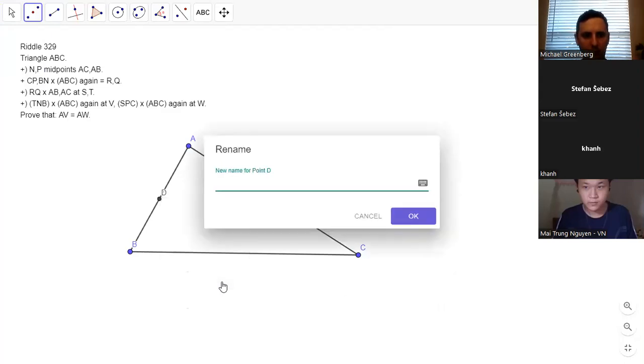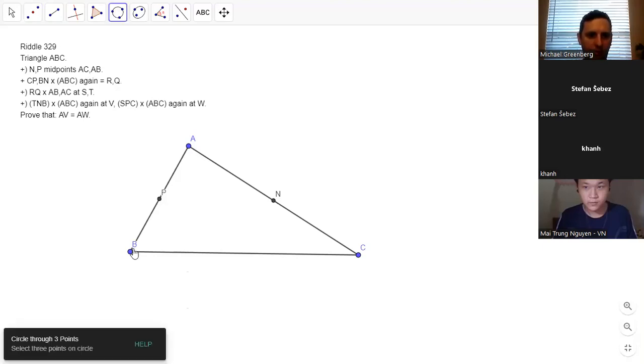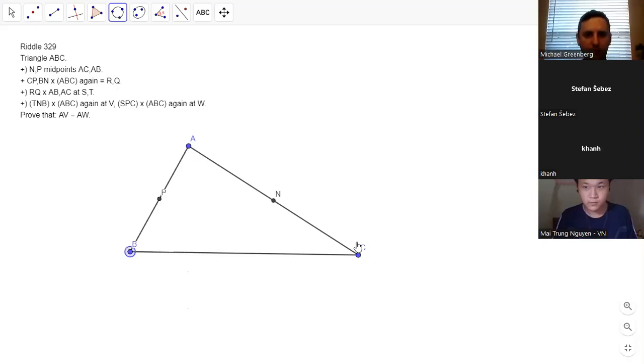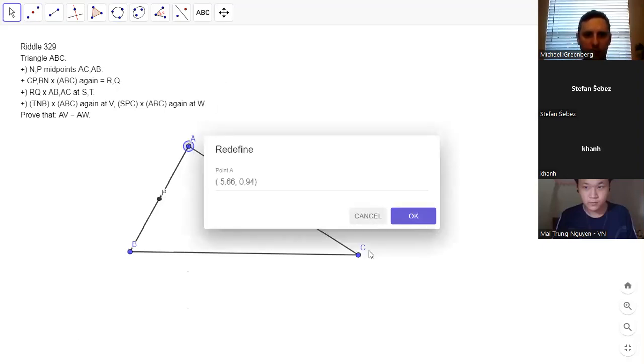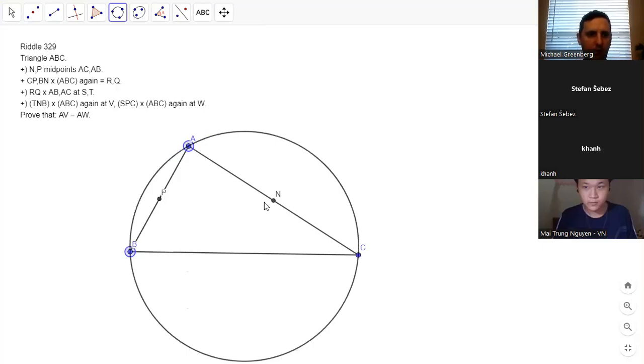All right. CP and BN intersect the circle at R and Q. So those are the two medians. And then we see where RQ intersects the sides.